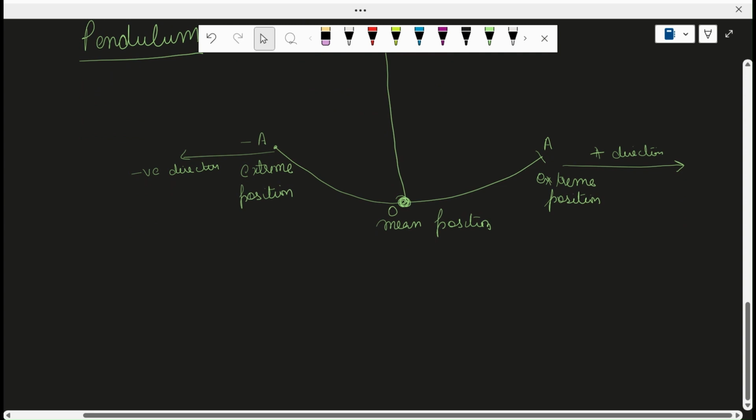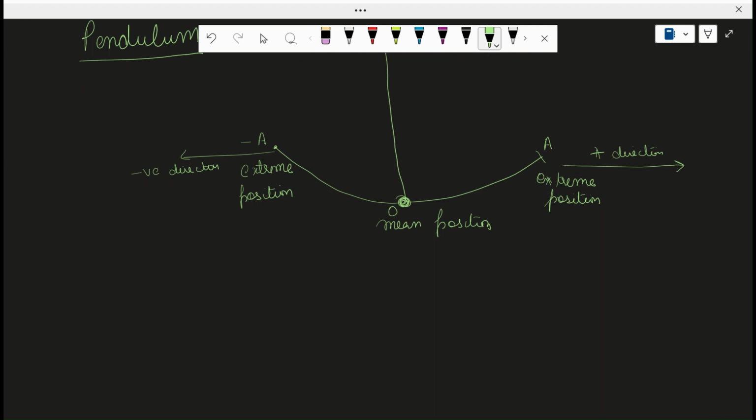So how is it moving? It is moving in a periodic motion or a to and fro motion. What would be the path followed? The pendulum will start from the mean position, move to the positive side and attain a maximum position of A, come back, and come to the mean position again.